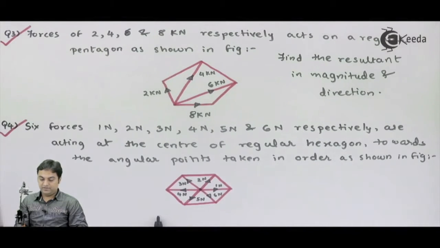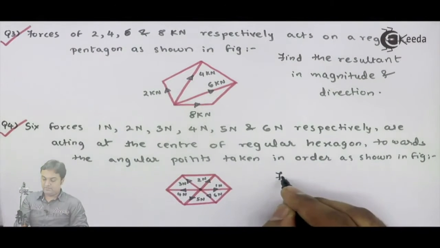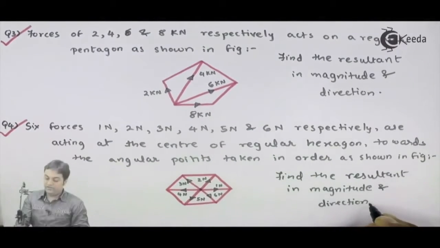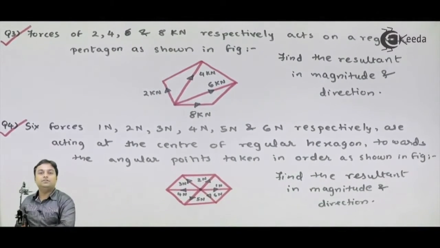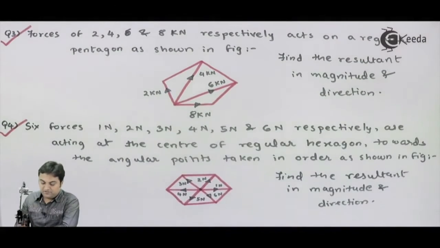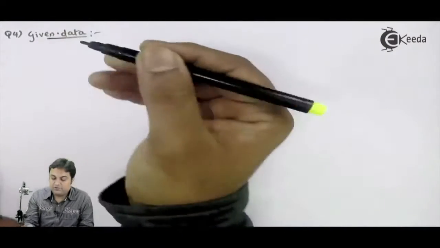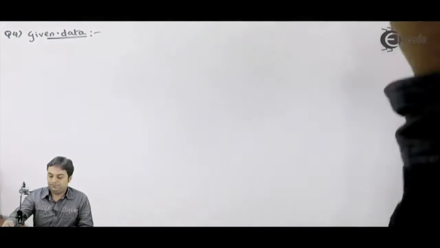The diagram is given. Here we have to calculate the value of the resultant in magnitude and direction. So they have given the diagram. Now we will write the data for this question.